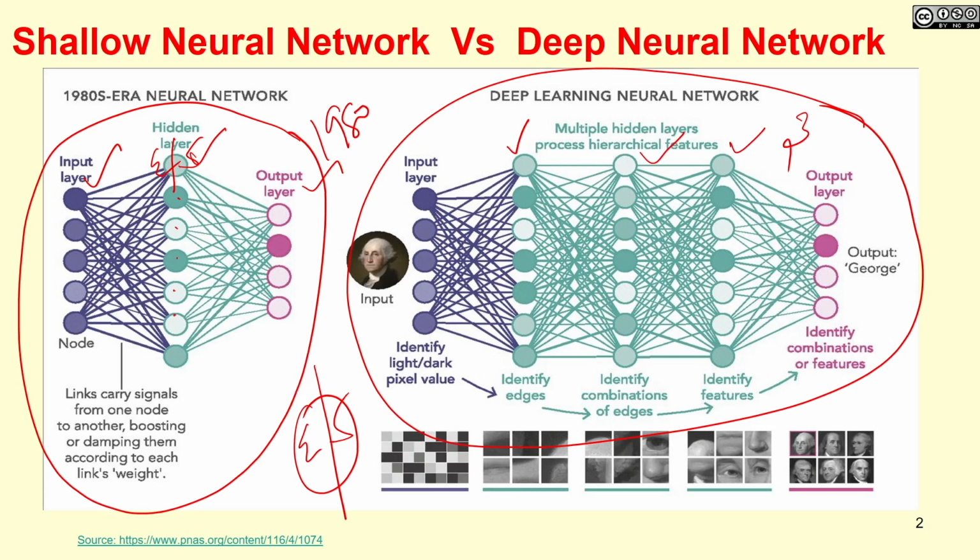Architecturally we can see three hidden layers, but in each hidden layer the set of neurons is doing a different kind of task. For example, this layer is meant for identification of edges, this set of hidden layer is meant for identifying combinations of edges, and this set of hidden layer is meant for identification of the features. So, this is the wide functional difference between the shallow and the deep neural network.